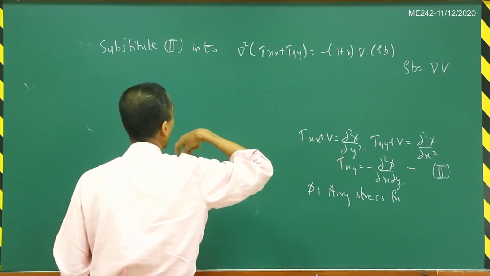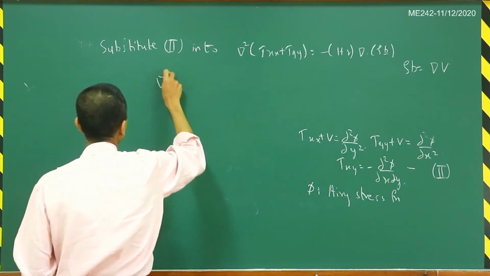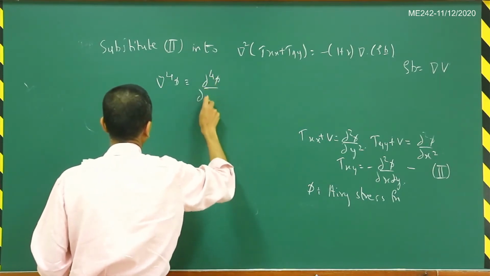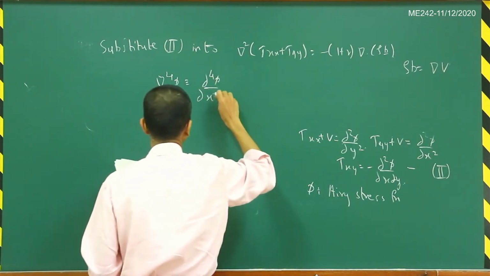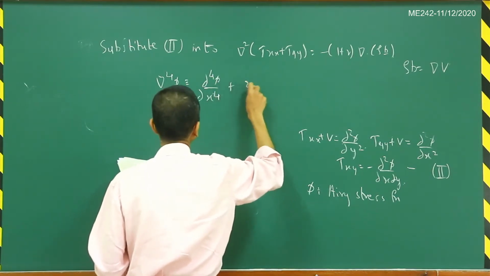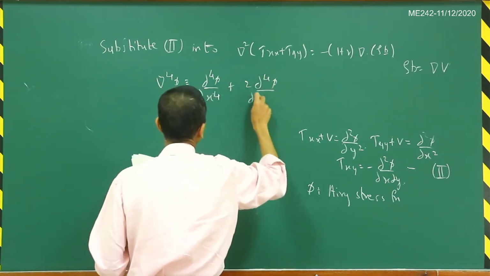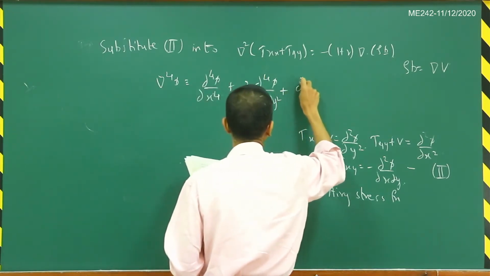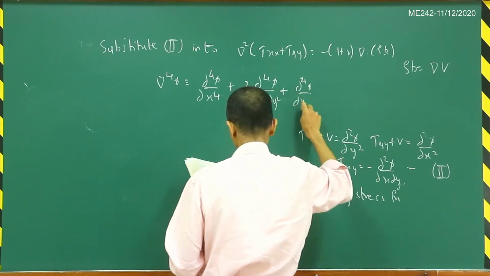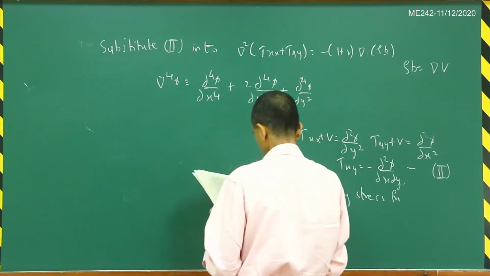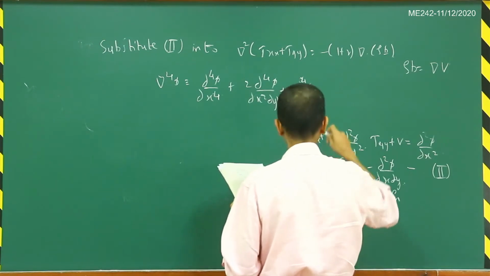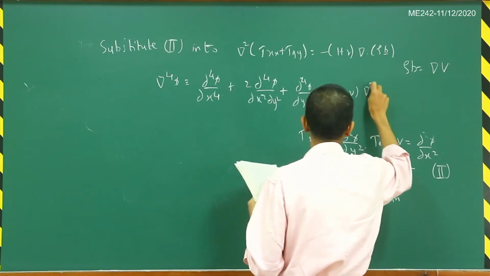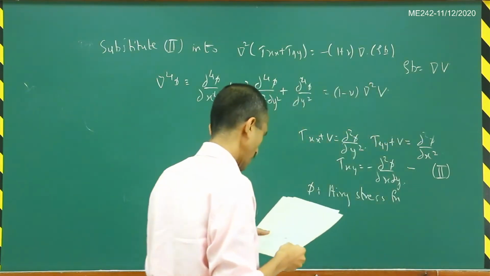You will get that del raised to 4 phi by del x raised to 4 plus 2 del raised to 4 phi by del x square del y square plus del raised to 4 phi by del y raised to 4 is equal to (1 minus nu) times del square V. So this is what you will get.